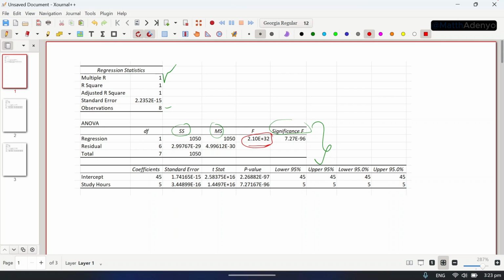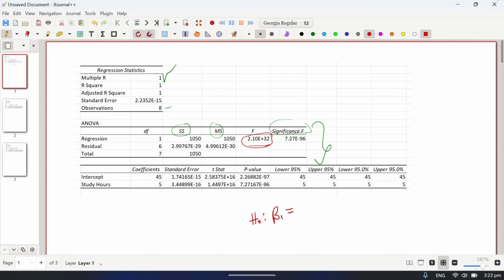Now, in regression analysis, we always set hypotheses, and with the hypotheses, we have the null and the alternate hypothesis. So we have the H naught, that is the null hypothesis, and mostly it is for beta 1.